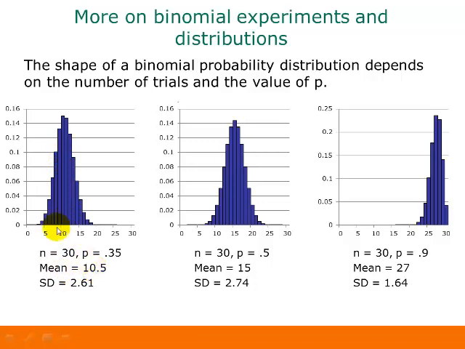So our mean for this distribution is 10.5, and that again is not exactly in the middle between 0 and 30, but it's a little bit to the left of the center. And our standard deviation is 2.61.